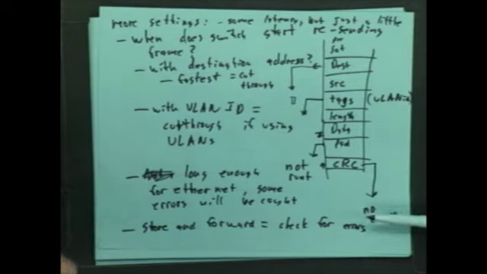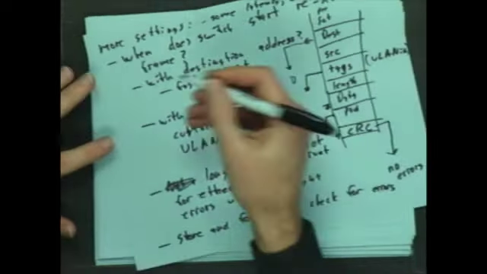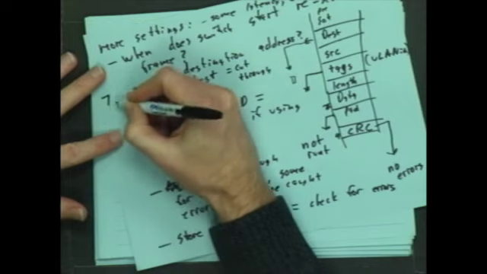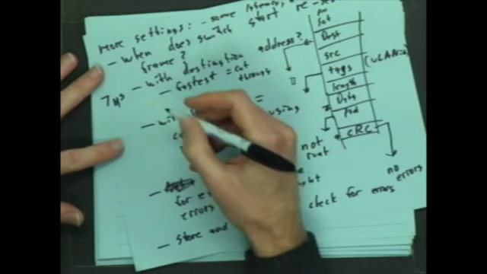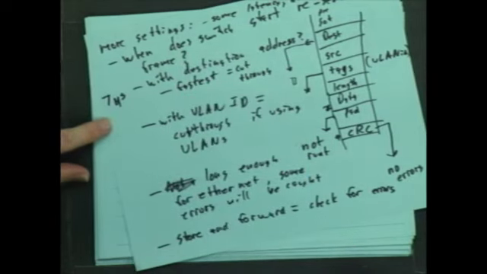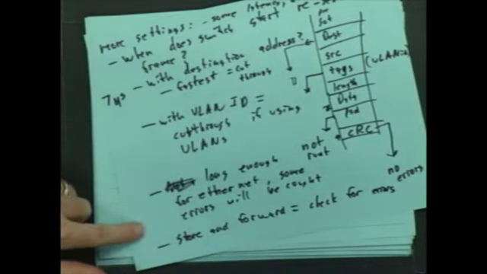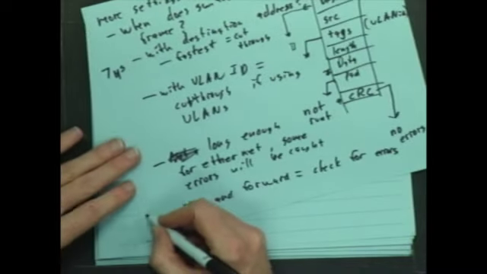So store and forward does add a tiny amount. Overall, this is usually about 7 microseconds for a cut through, and store and forward is about 60.